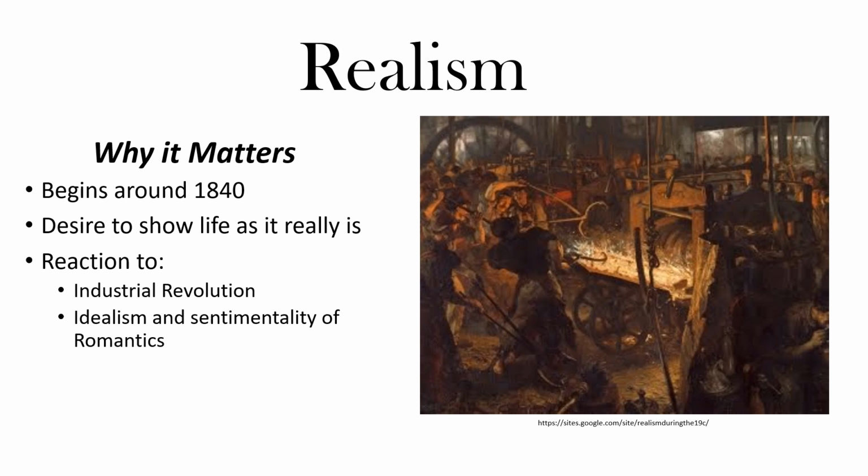And while this is good for production, this comes at the cost of human labor and very awful human living conditions, as we're going to unpack in a moment. So realism sought to basically pull back that idealized image that we have of the Industrial Revolution and show the dark underbelly that actually existed.